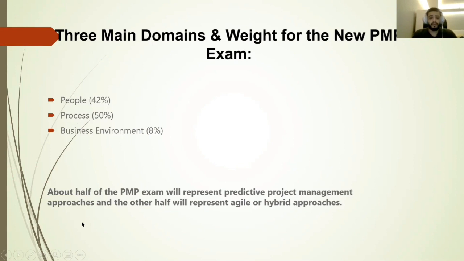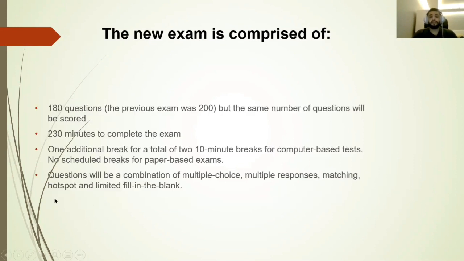About half of the PMP exam will represent a predictive project management approach, and the other half will represent agile or hybrid approach. The new exam is composed of 180 questions. The previous exam was 200, but the same number of questions will be scored.